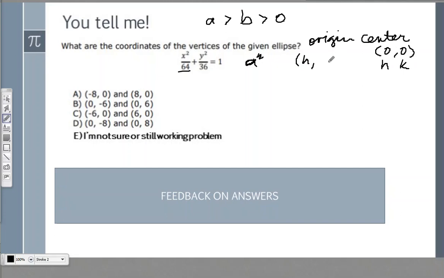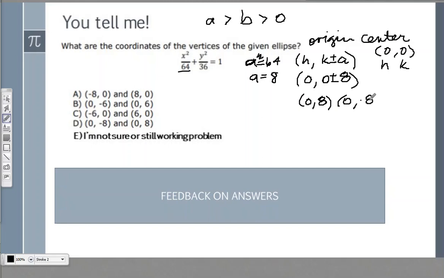If I get the square root of both sides, I get 8. So my H value is 0, my K value is 0, plus or minus my A value is 8. So I'm going to get 0, 8, and 0, negative 8. Oops, my negative sign. There we go. So although I did them backwards, but it's still going to be the answer is A.